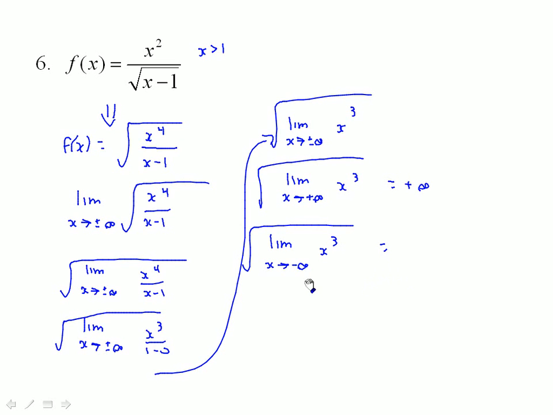So there is no limit that can be taken as x gets smaller and smaller. So that also just supports what we saw already, that there's no horizontal asymptote.